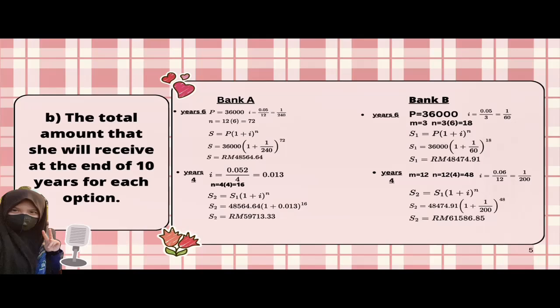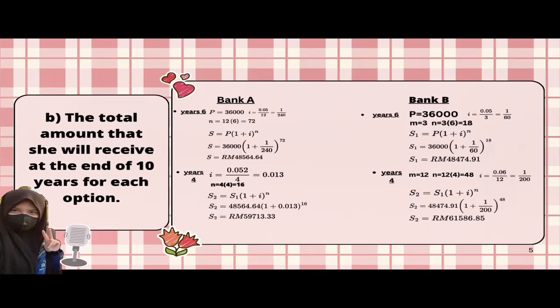We're going to substitute 36,000 ringgit into the principal, bracket 1 plus bracket 1 over 240 bracket 72, which is equal to 48,564 ringgit 0.64 cent.